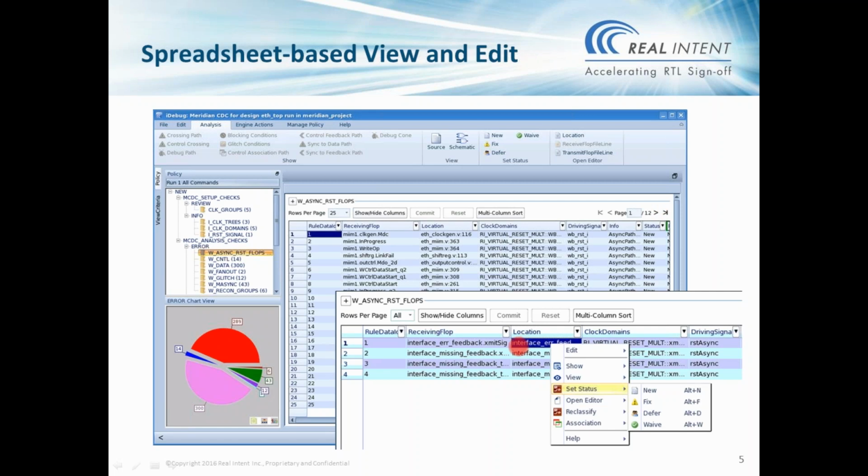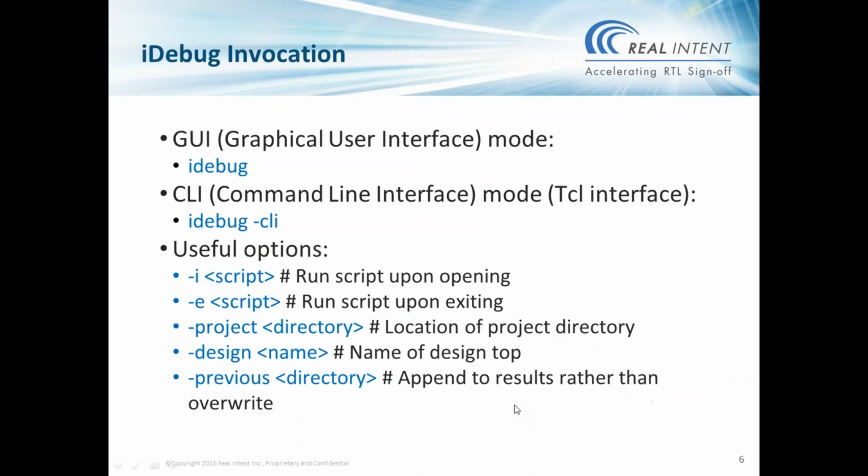Here we've shown you a particular way you can set the status to edit things, so I can decide whether I want to change a particular violation to be waived, or I can defer it for later analysis, or I can mark it as to be fixed. So this gives us a good ability to view the different elements quickly.